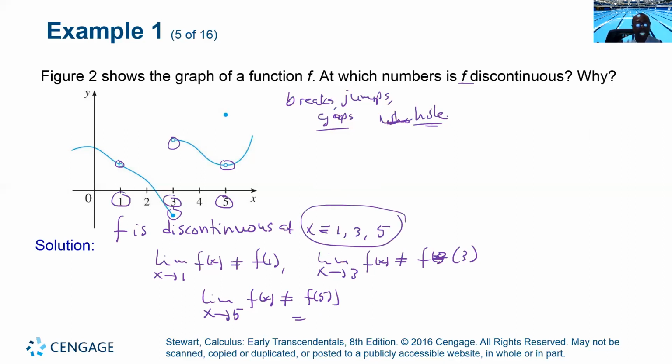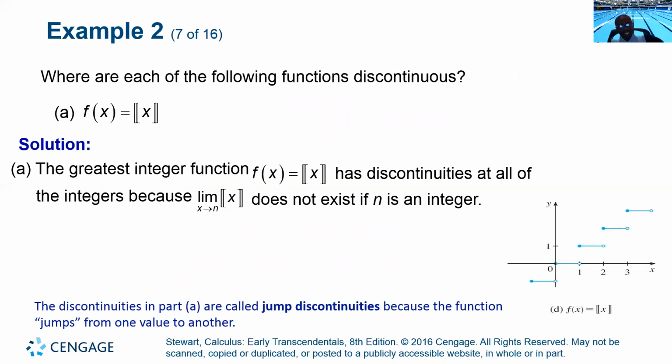Okay, now there are other examples where you have a function given by this. This is what we call the greatest integer function. So f of x has discontinuity at all the integers, because the limit as x approaches n doesn't exist.